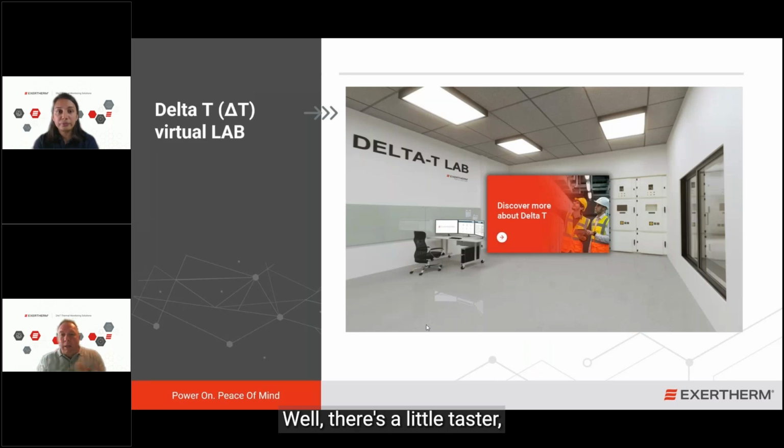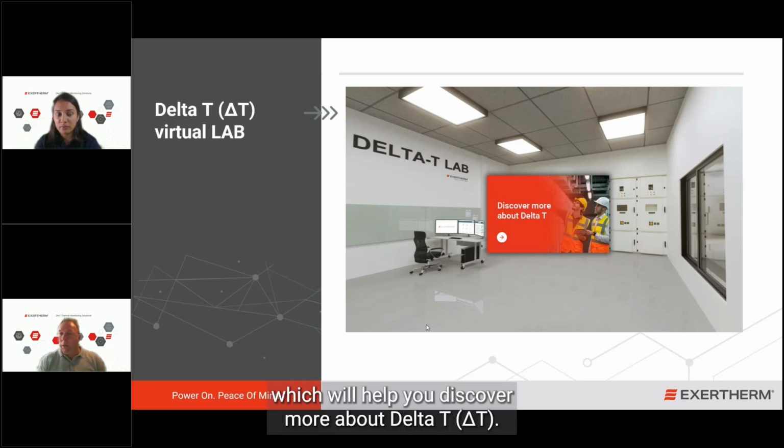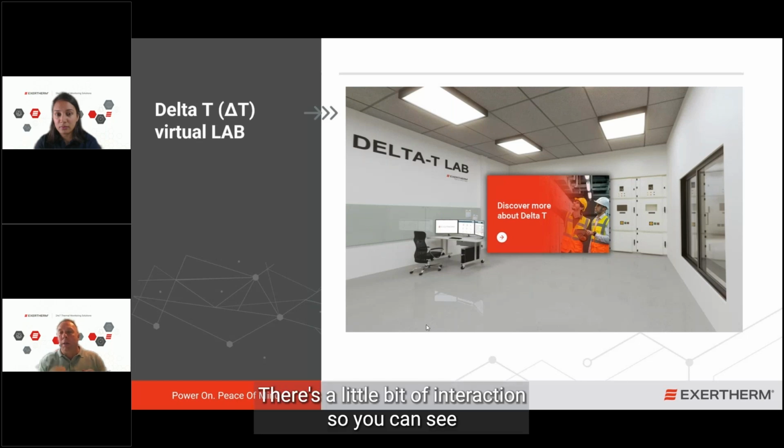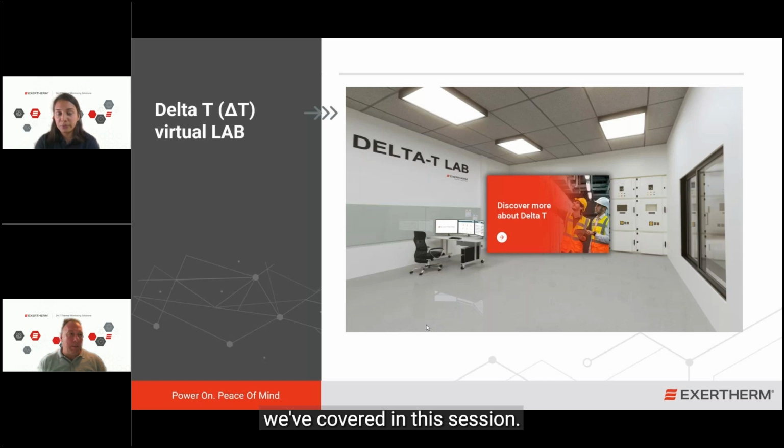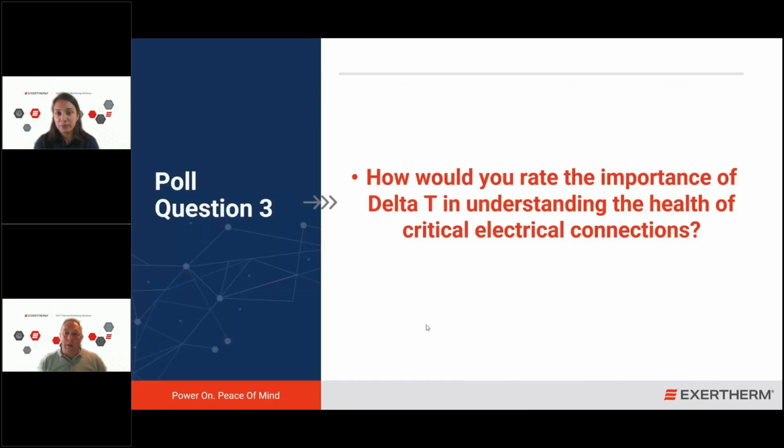Now, as a little taster of what is coming very shortly, on our website, on our portals, we actually have coming live a small lab which will help you discover more about delta T. There's a little bit of interaction so you can see how delta T is operating and what is happening, and it runs through some of the principles that we've covered in this session.